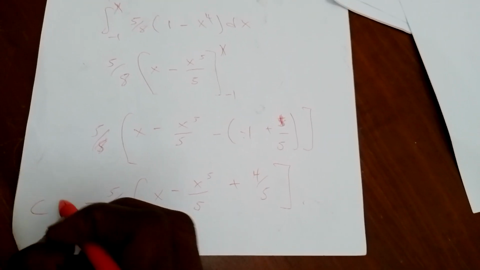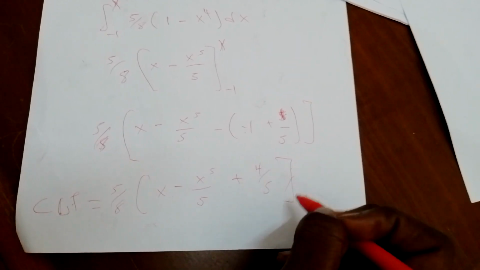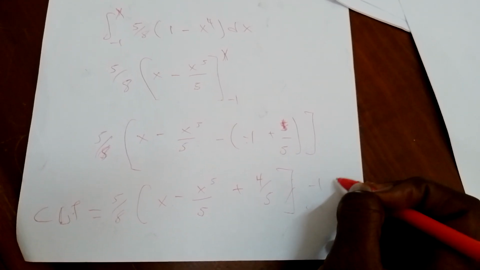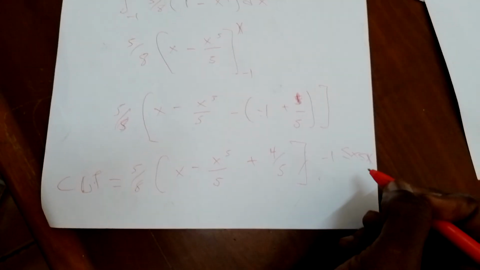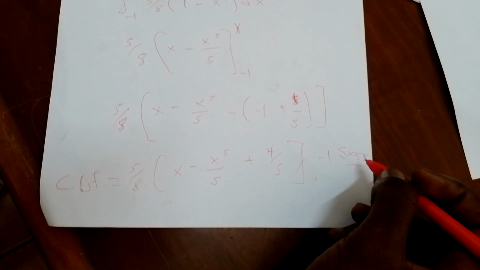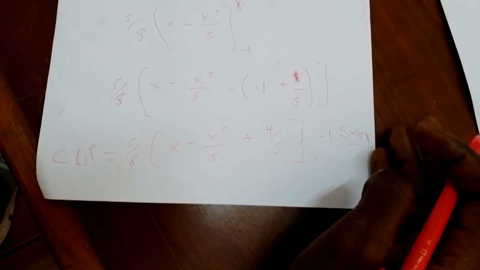Basically this is the cumulative distribution function over minus 1 to x, because we want it in a function form. I hope this makes sense.